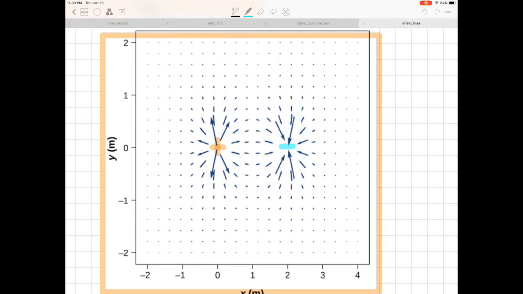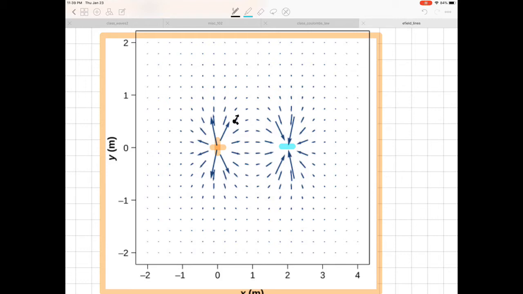All right, so again, you've got 2 point charges. So if you wanted to calculate the electric field at this spot right here, what you would do is calculate the contribution from the positive charge, and that might be pointing that way. And you'd also calculate the contribution from the negative charge, and that might be pointing this way.